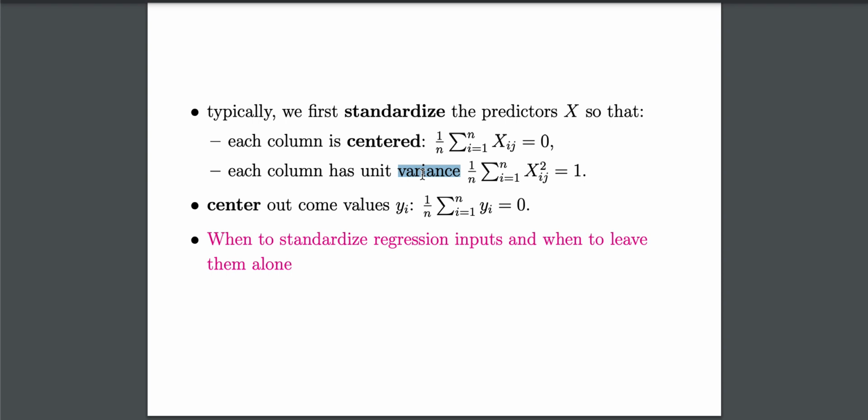Okay. The other reason why we would standardize is that when we get the coefficients, the size of the coefficients is going to be reflective of how important that corresponding predictor is. Because if the predictors are in different scales, then obviously the coefficients will be in different scales.